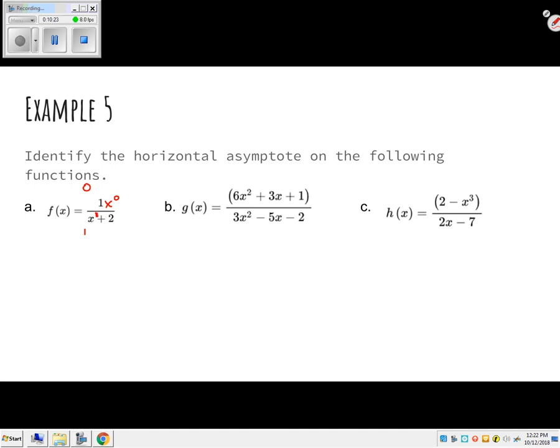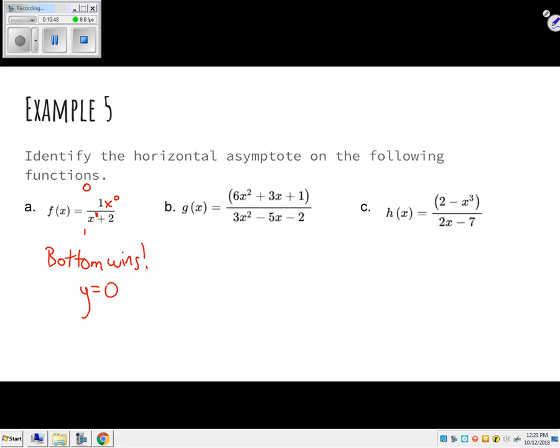That means the bottom wins. And remember, anytime the bottom wins, he wants the horizontal asymptote to not move. He just wants it to stay there on the x-axis, y equals 0, and be done with it. Okay, so not a lot of math to be done here, just being able to recognize some terms and figure out what's going on.